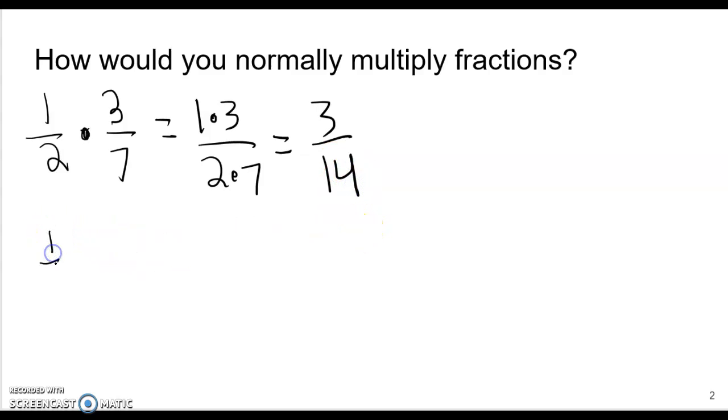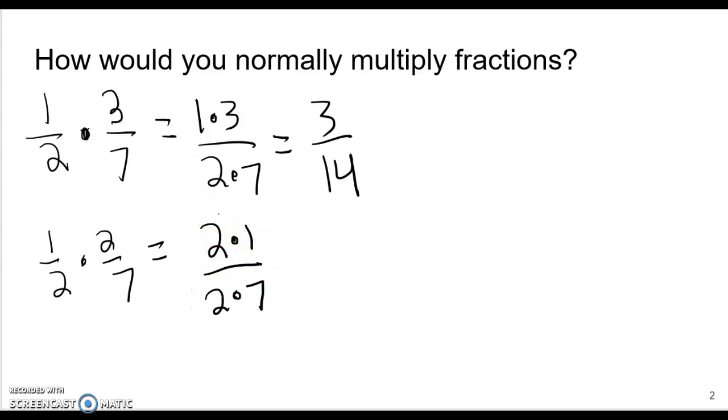If I gave you something like 1 times 2 over 2 times 7, you just do 2 times 1 over 2 times 7. You could simplify that, and it just becomes 1/7. So what we're going to do today is not that different than this concept here.